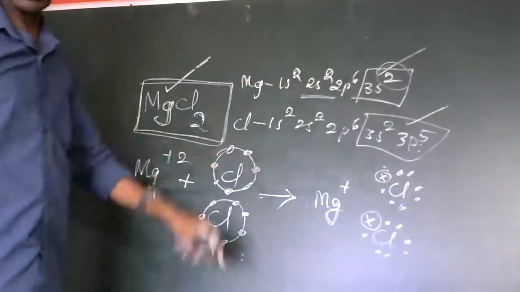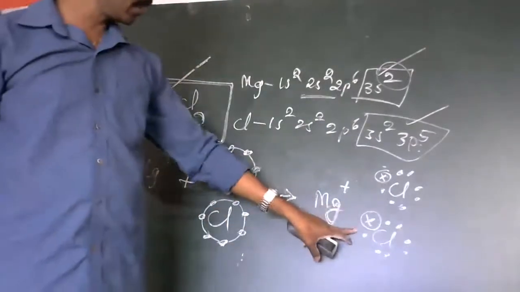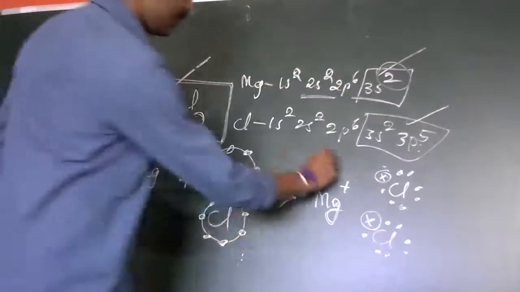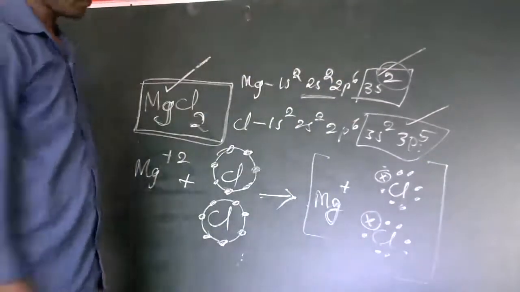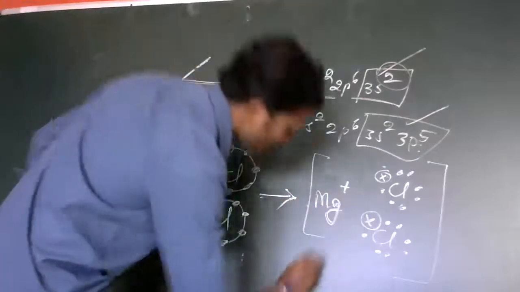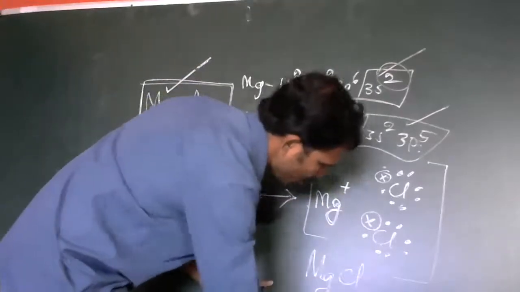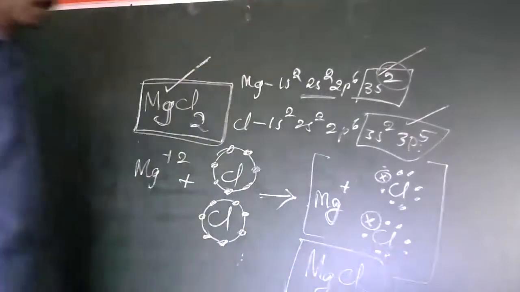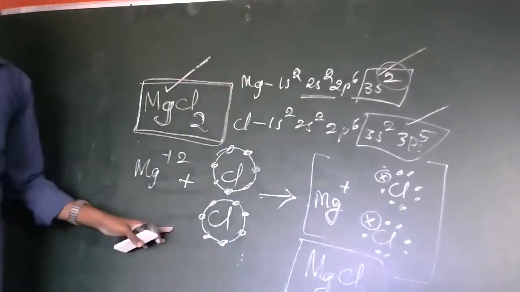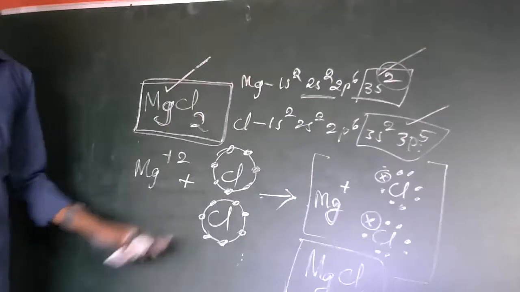I hope you are getting my point. Like this, the bond is formed between the two elements in MgCl2. This is how the chemical bond, the ionic bond, is formed.